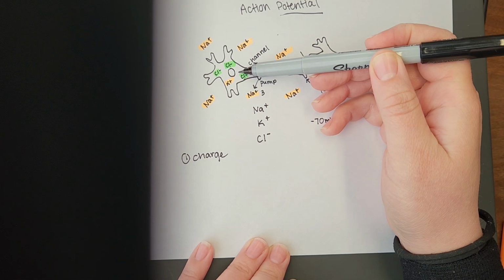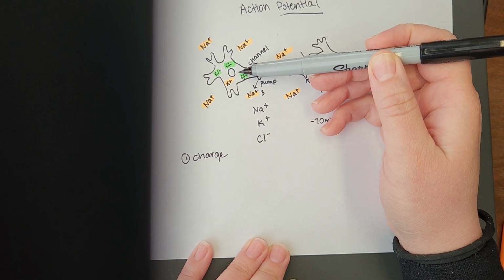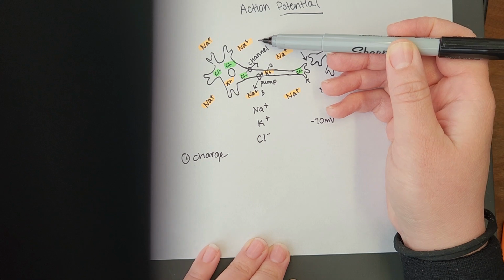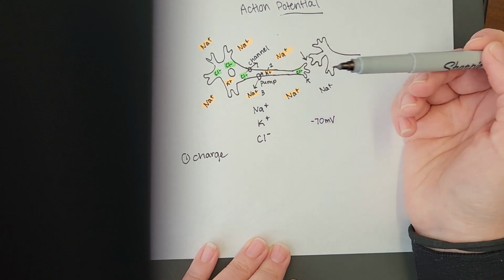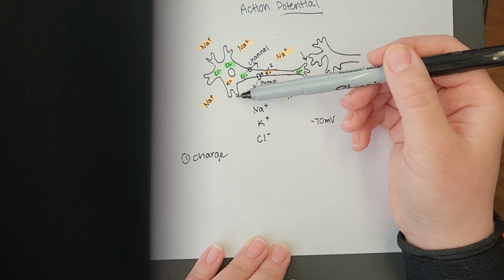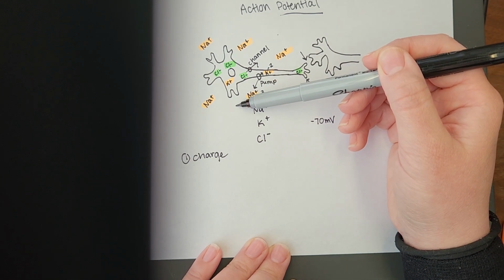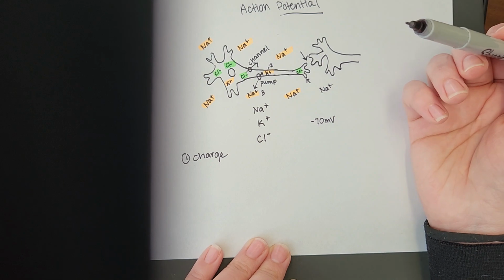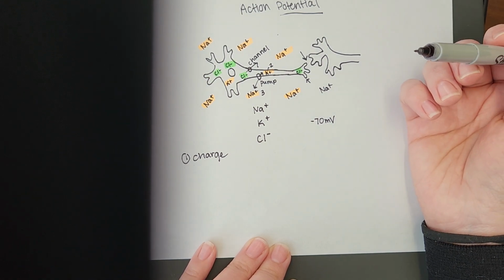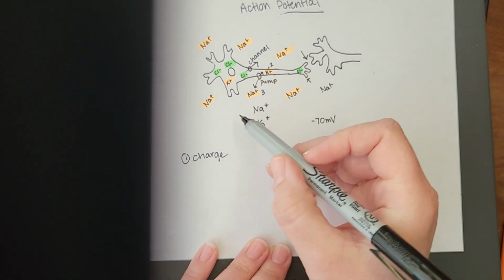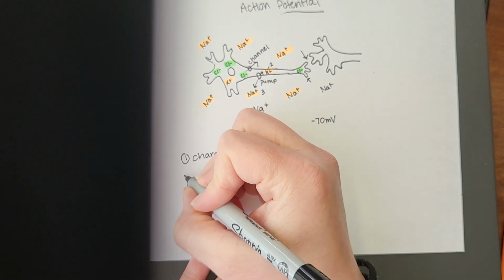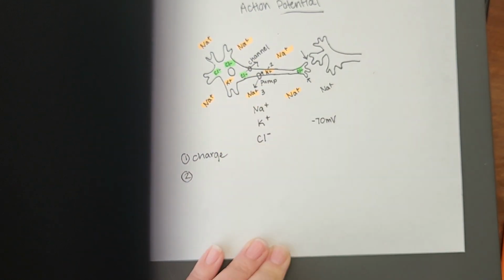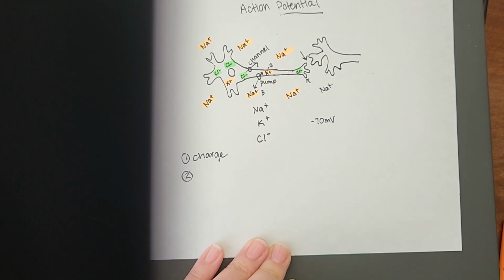Because the inside is very negatively charged and the outside is very positively charged, the cell wants to be at equilibrium where the solution on the outside and the solution on the inside is about equal. Okay? So the charge is different across that cell membrane. The other thing that's different is the distribution of these ions.